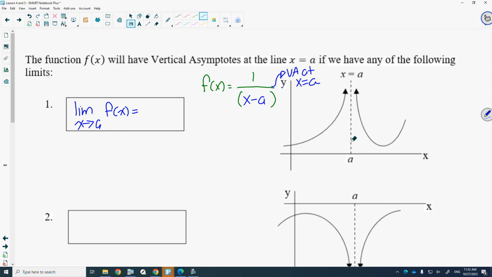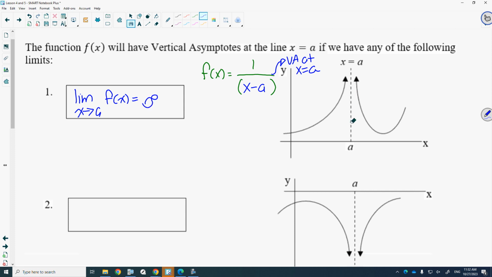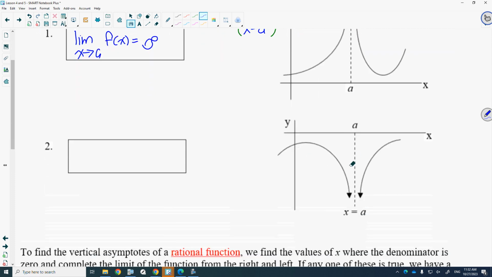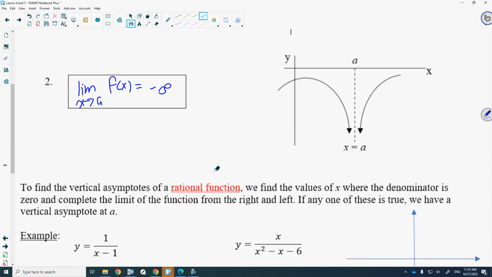So in this graph, from the left and from the right, we're going up to infinity. For this graph here, there's a vertical asymptote. If I said to you, what is the limit as x approaches a of this function? Sarah, what would you say for this one? Negative infinity.